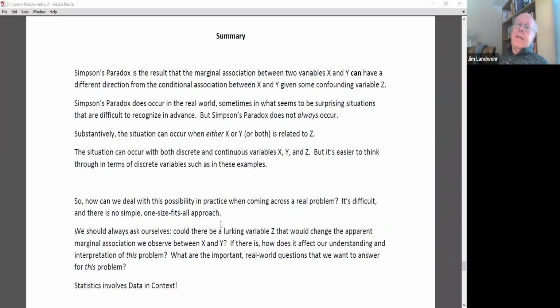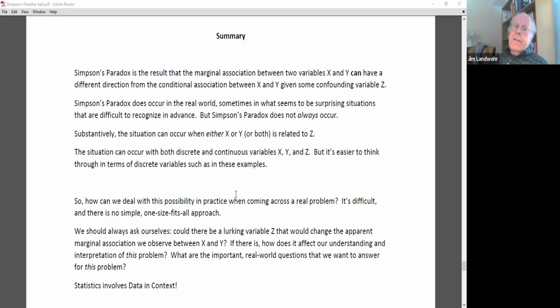So Simpson's paradox is the result that the marginal association between two variables, X and Y, can have a different direction from the conditional association between X and Y, given some confounding or stratification variable Z. It can occur in the real world, as shown by these examples. It doesn't always occur.